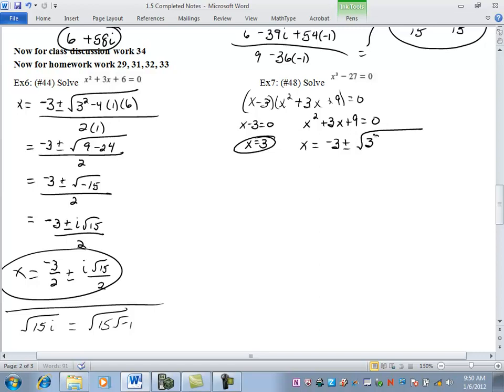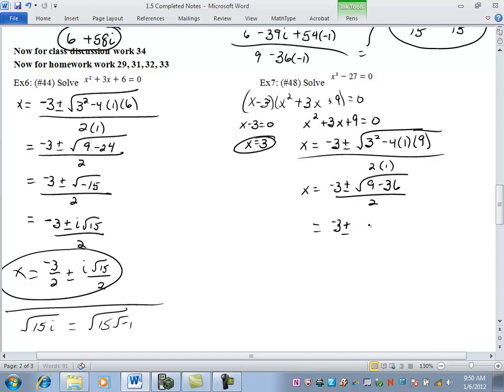Negative b plus or minus the square root of b squared minus 4 times a times c, all over 2 times a. This equals negative 3 plus or minus the square root of 9 minus 36, all over 2. Negative 3 plus or minus the square root of negative 25, all over 2.